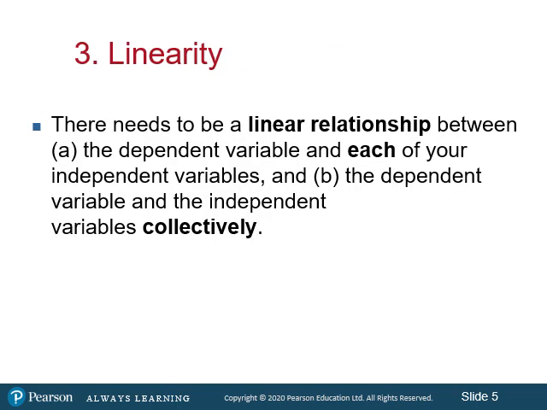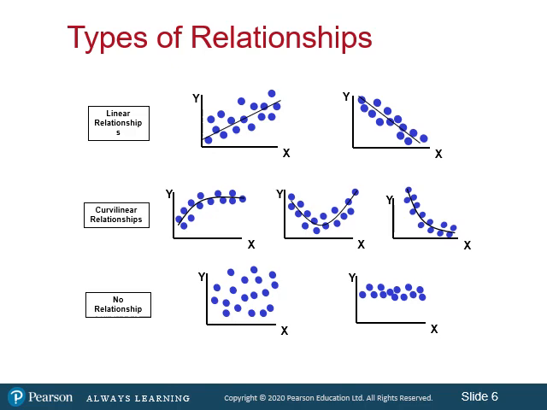The third assumption is linearity. There needs to be a linear relationship between the dependent variable and each of your independent variables. So that is what we call linearity. How do you assess them? We will have different kinds of relationship that we can assess: linear relationship, curvilinear relationship, and no relationship.